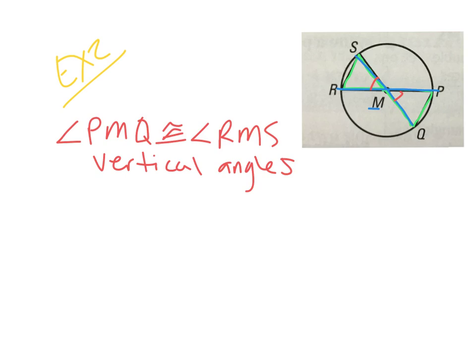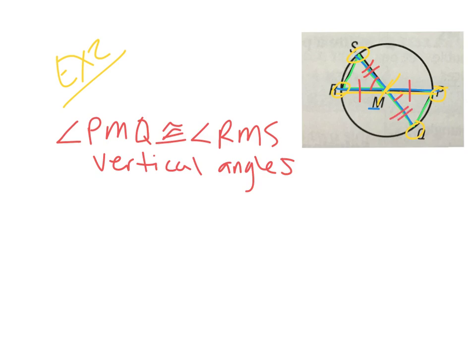Now, let's look at these points on here. It told us that M was directly in the center of these points. So the distance from here to here is what compared to here to here? The same. It's going to be the exact same distance because we know that M is directly in the middle. So I can say that this line is congruent to this line is congruent to this line.